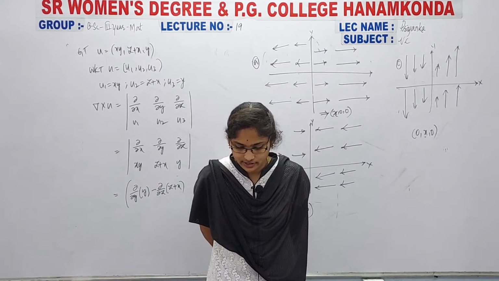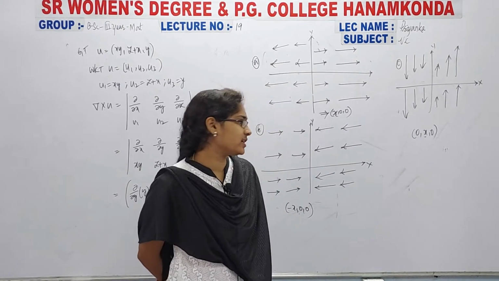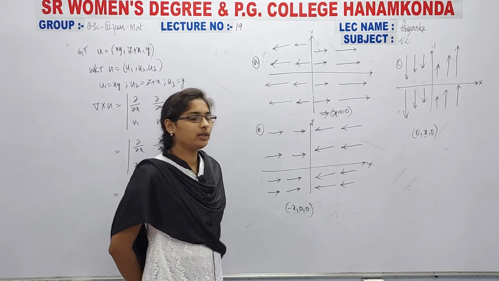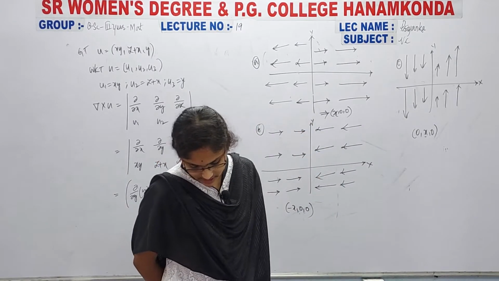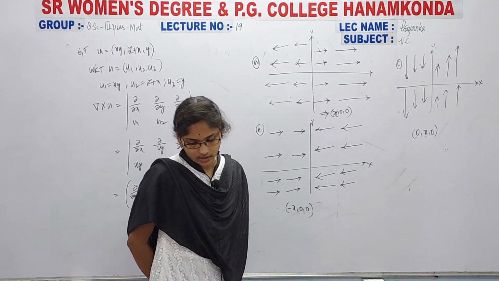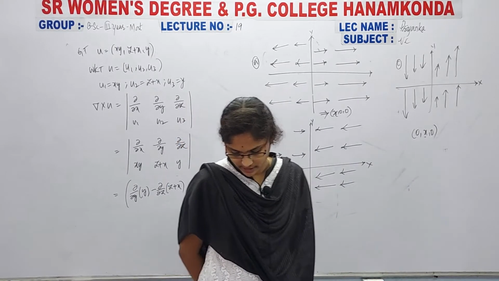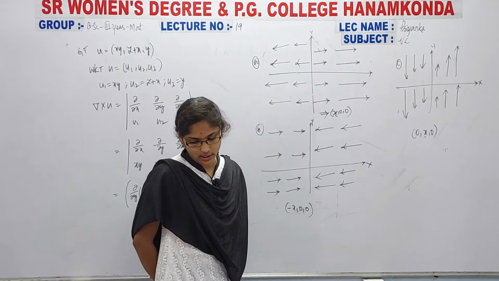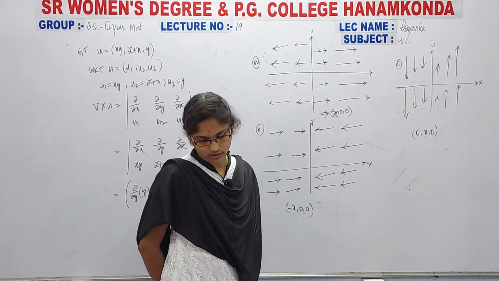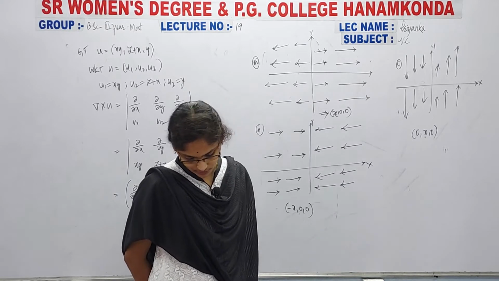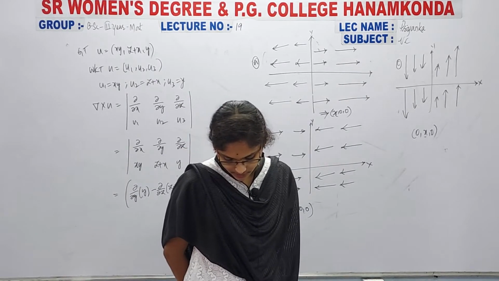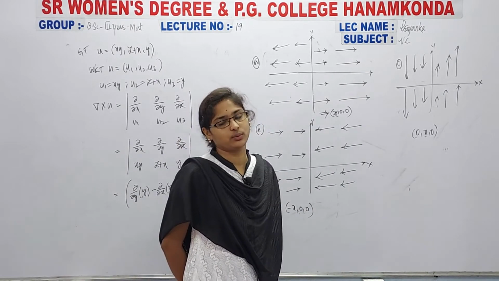Okay, write down. For the first of these, u equal to x comma 0 comma 0. The vector field is expanding, but there is no sense of rotation. And computing the curl, curl u equals 0.